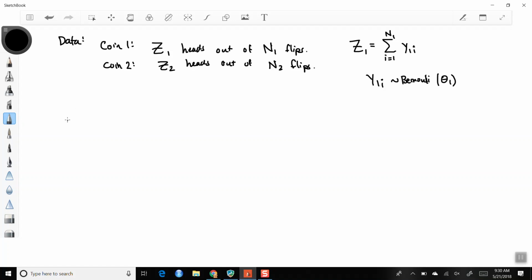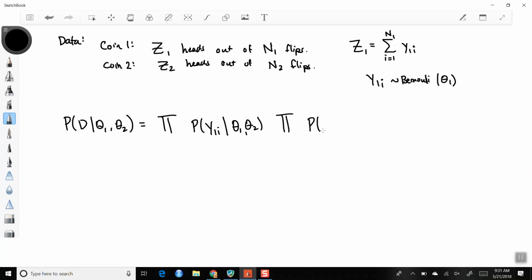So the probability of the data given theta 1 comma theta 2 is going to end up being, because we've got two independent coins, the product of the probability of Y1i given theta 1 and theta 2 times the product of the probabilities of Y2i given theta 1 and theta 2.